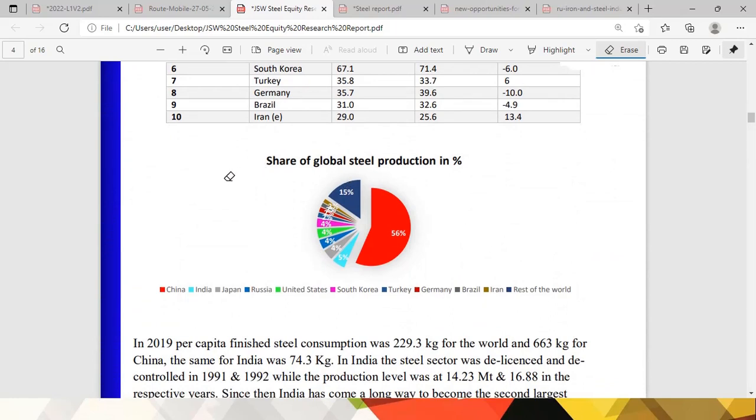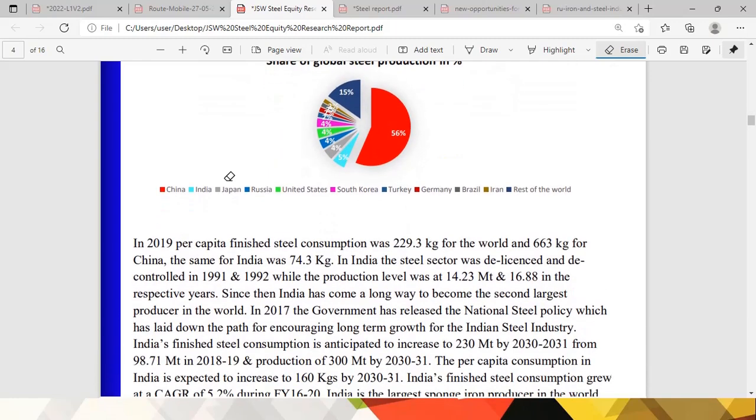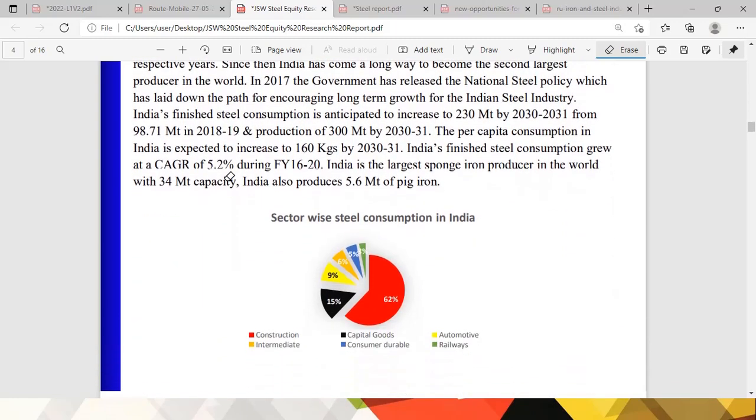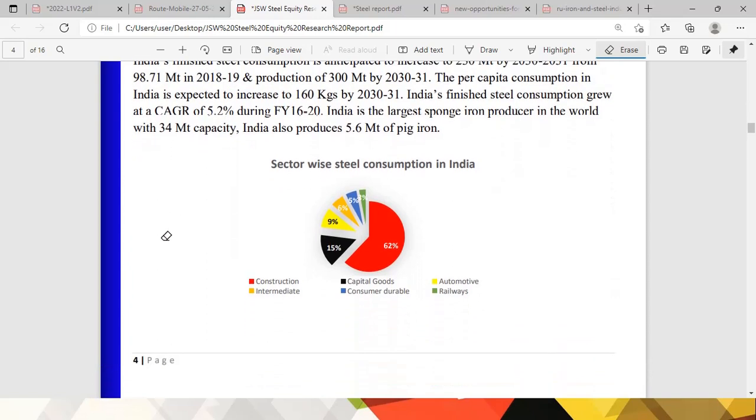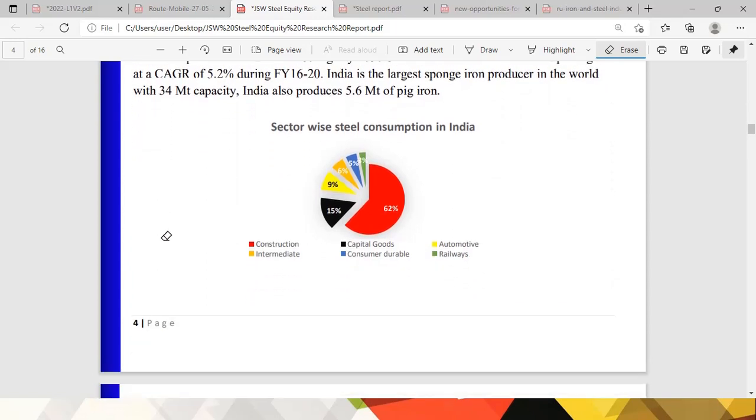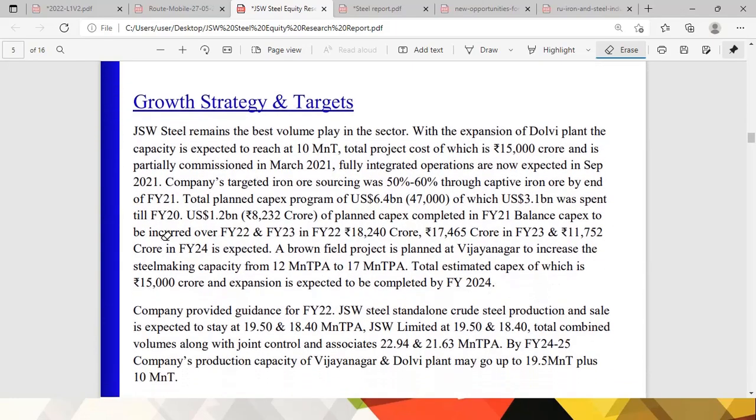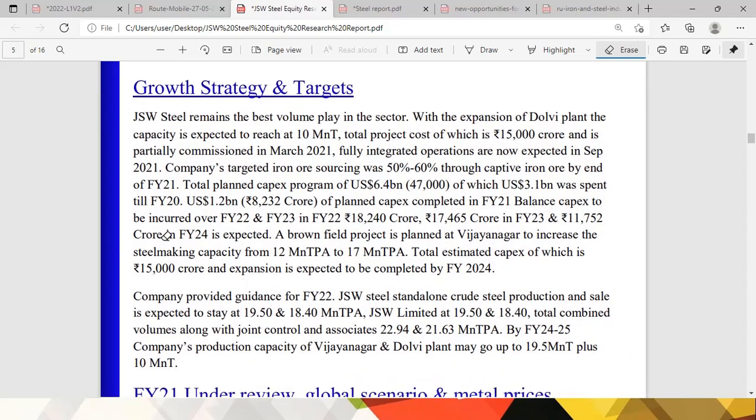Then here I have shared share of global steel production in percentage term. Then I have shared the sector wise, that means sectoral consumption in India. You can also present this data globally and for your own country. Growth strategy of the company and company's targets.